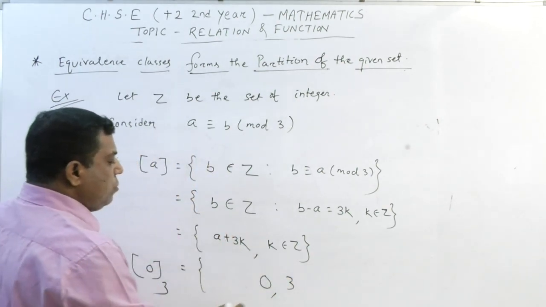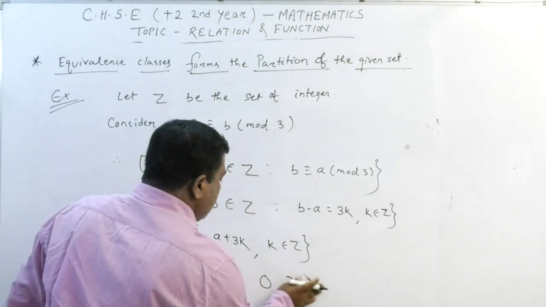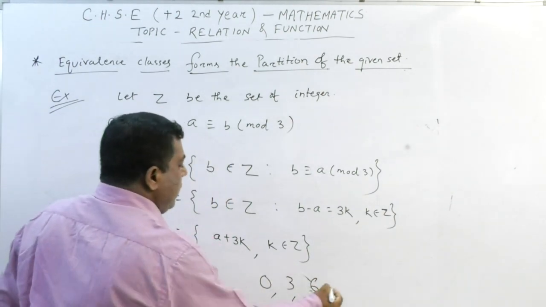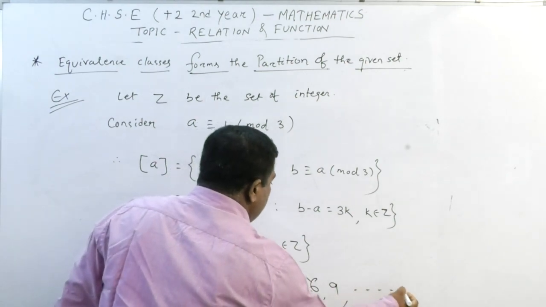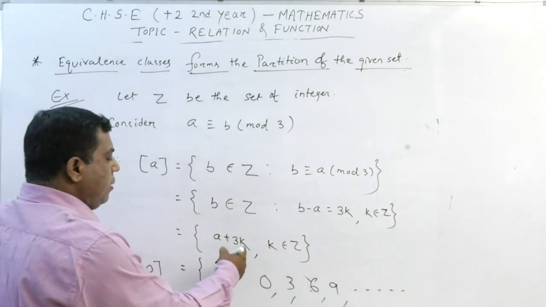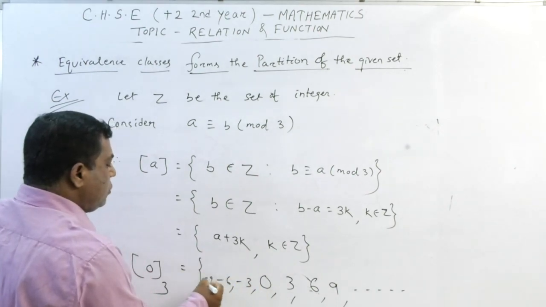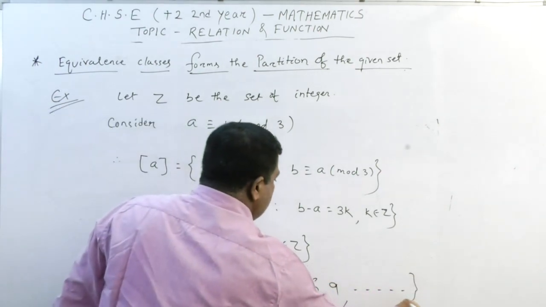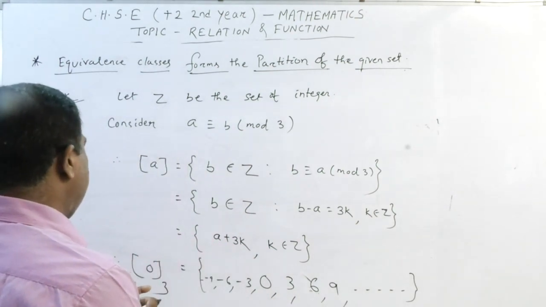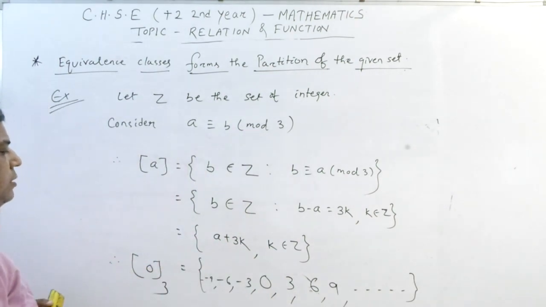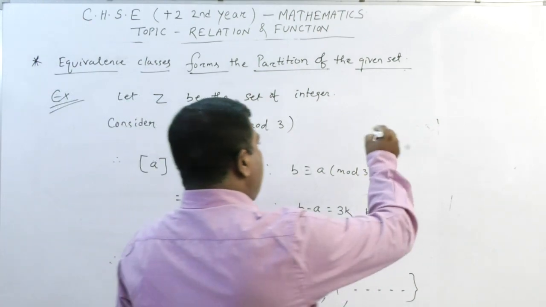If I put k equal to 2, I will get 6, and 9 and so on. If I put k equal to minus 1, I get minus 3, minus 6, minus 9 and so on. Yes or no?